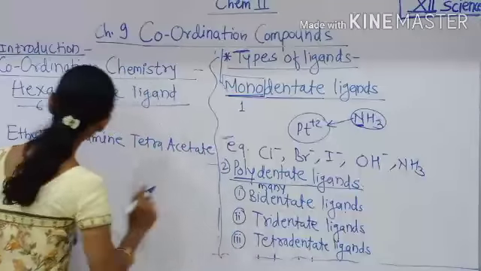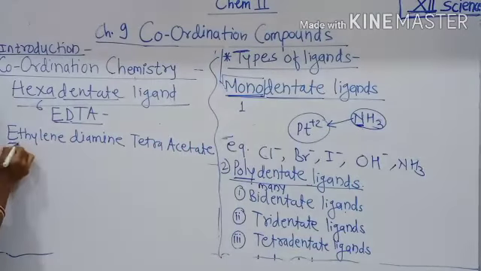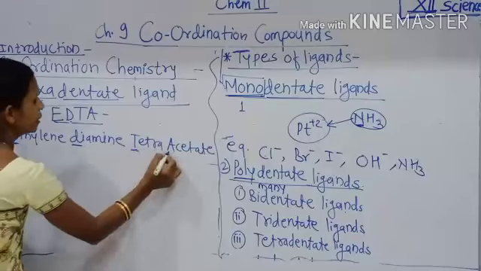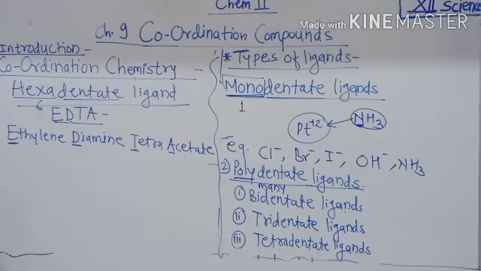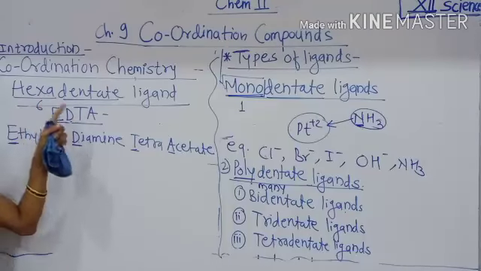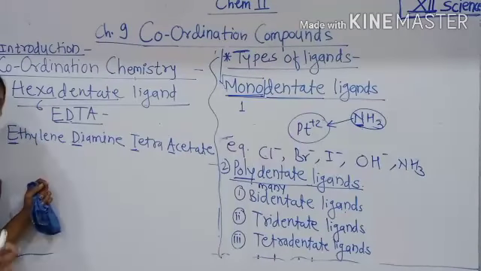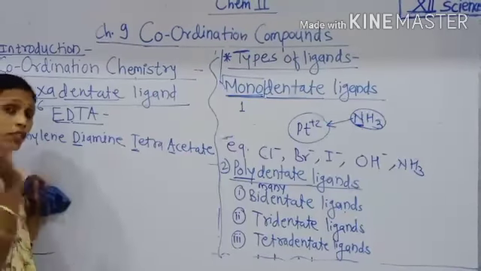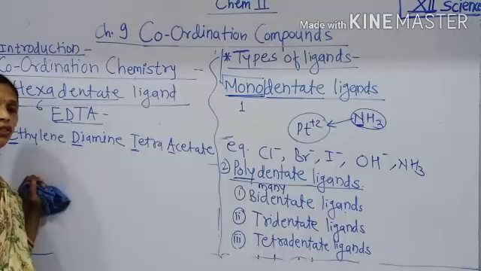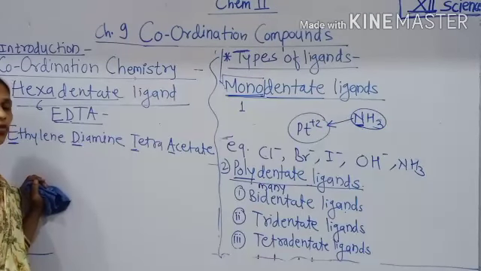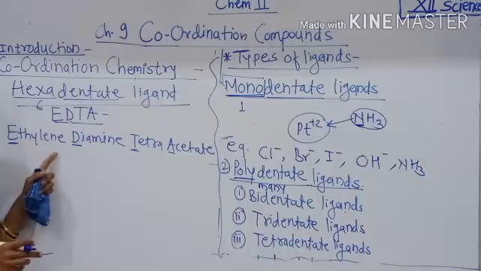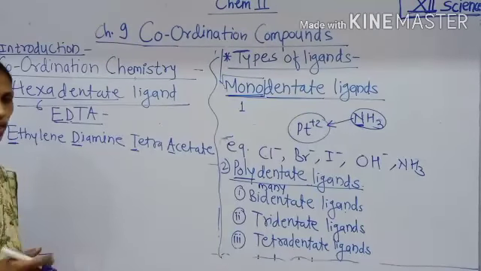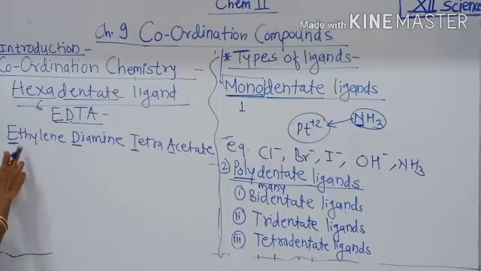See here, EDTA, ethylene diamine tetraacetate, is a hexadentate ligand, which is a polydentate ligand. The EDTA complex is used in the softening of hard water. We will draw the structure of that ethylene diamine tetraacetate, the hexadentate ligand.